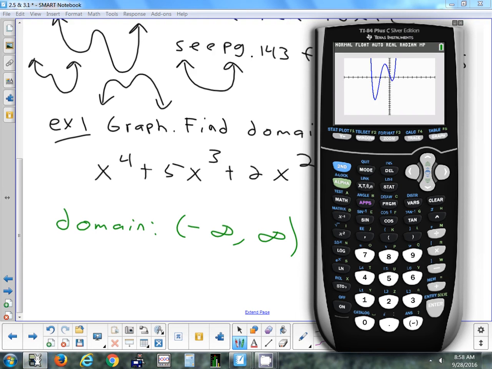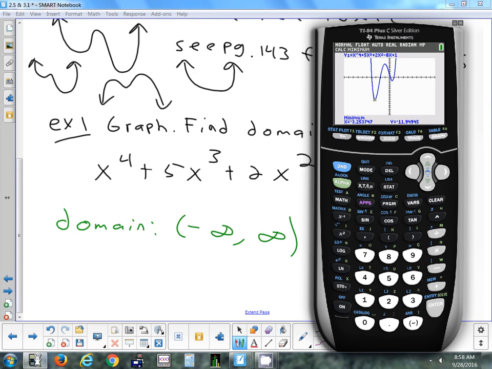How can I find that lowest value in the range? One way to do it is with calculus, but we don't have that yet. So how can I do it on here? Yeah, minimum. Okay, so just go over to your minimum, pick a point to the left, to the right, take your guess, and this has a minimum y value of negative 11.95.